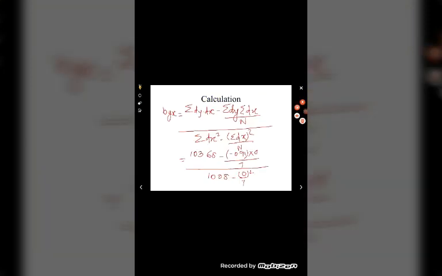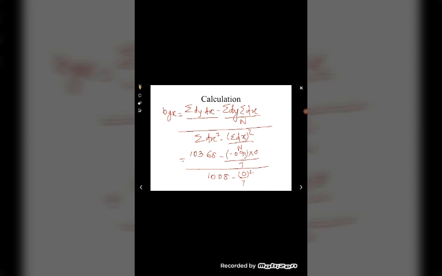Now we have to find the regression coefficient byx. Similarly, by applying the formula, we have to put all the data according to the formula. Summation of dy into dx is 103.68. Summation of dy is minus 0.91.